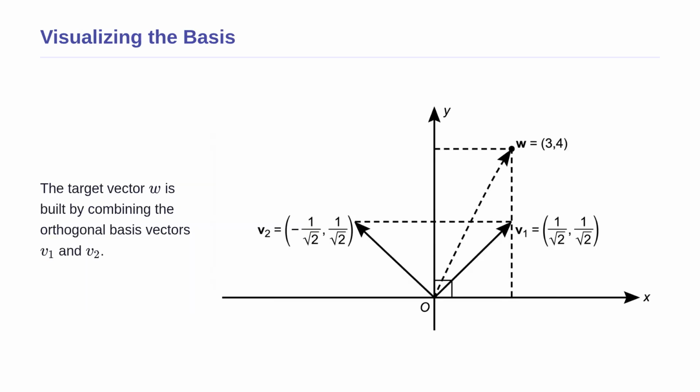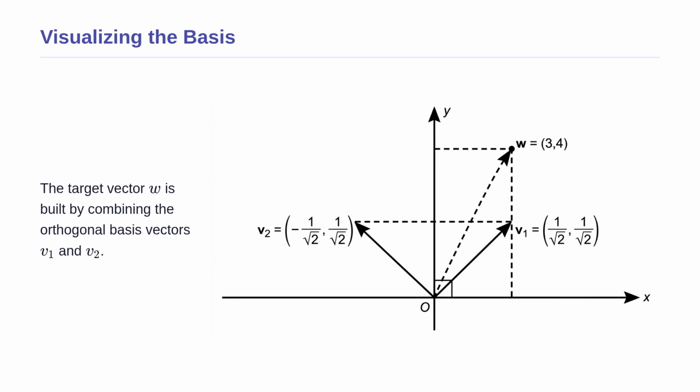Let us look at exactly what we just calculated. On this graph, you can see our standard x and y axes. Starting from the origin, we have our two basis vectors, v1 and v2, shown as solid arrows. Notice the right angle symbol between them? This visually confirms they are perfectly orthogonal.